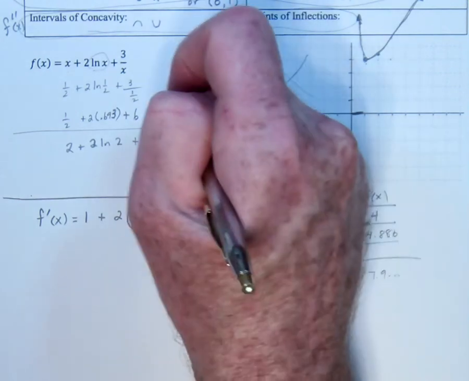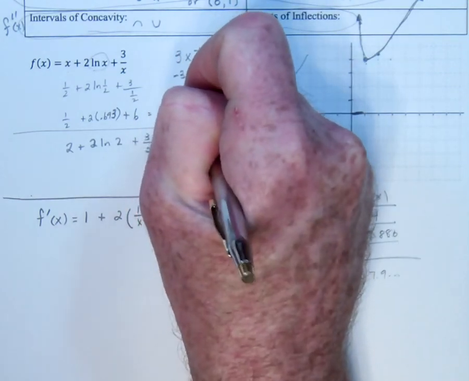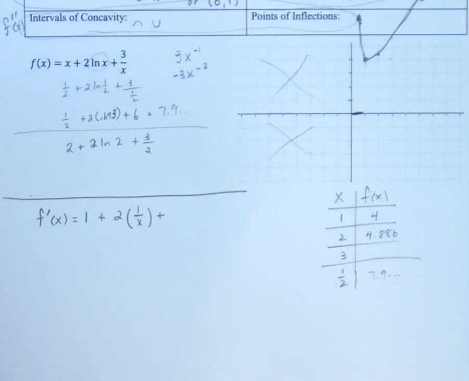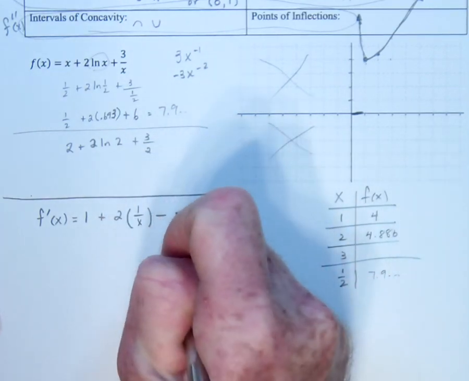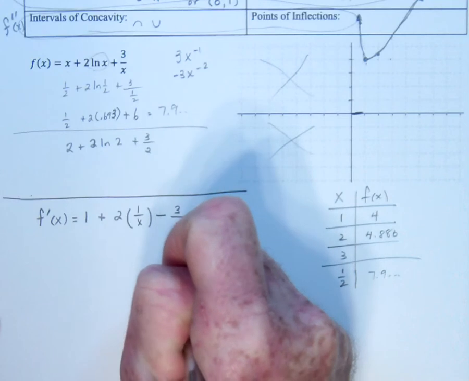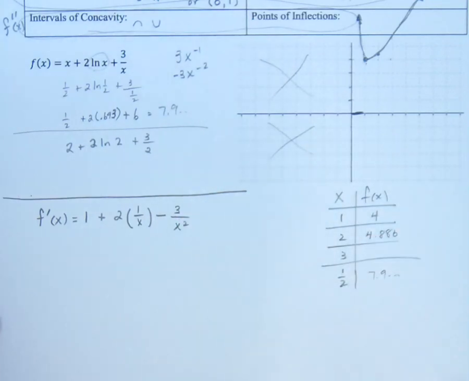Take the derivative of that, it's going to be negative 3 x to the minus 2. Then rewrite that without a negative exponent, and it becomes negative 3 over x squared. So there's our first derivative.